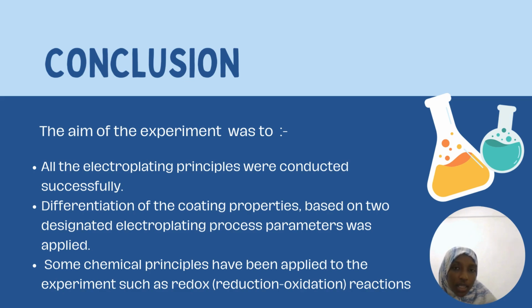They were all taken into consideration, and we applied them successfully, and they gave us the coating that we needed. Then the aim was to differentiate the coating properties based on two designed electroplating process diameters, and they were also applied successfully and had been done.